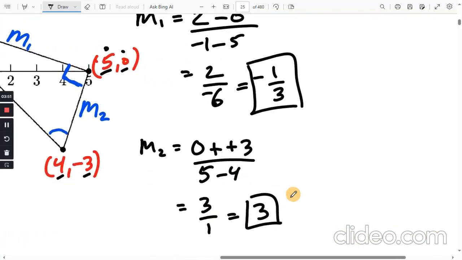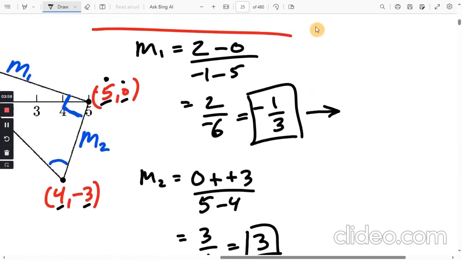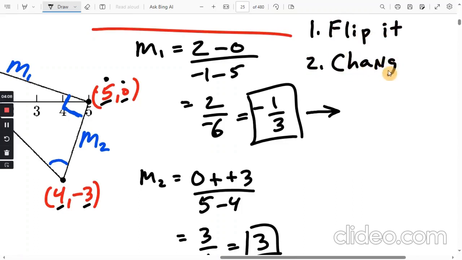But just in case, the 2 steps to finding if the slope is perpendicular, you want to flip it, and you want to change the plus minus sign. 2 steps, okay? So -1/3, flip it.